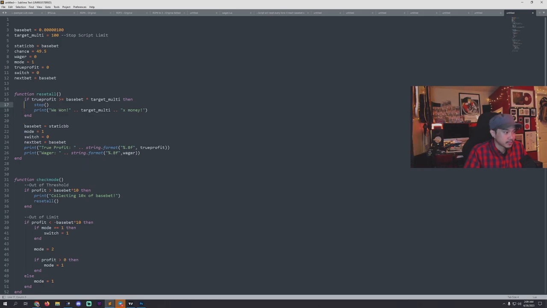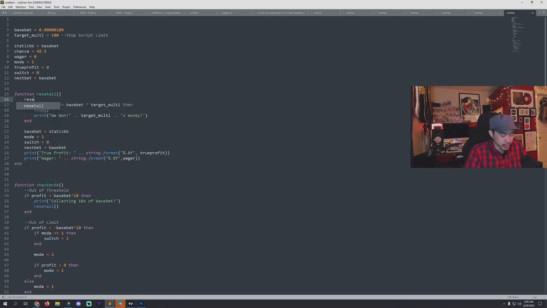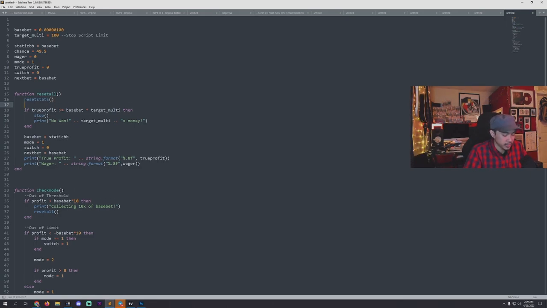And then, you know what? When we reset, we also want to reset stats. And we want to reset seed. What is reset seed? Resetting the seed is similar to walking to a different slot machine. There are seeds when you're playing, so that you don't think the computer is cheating you, right?